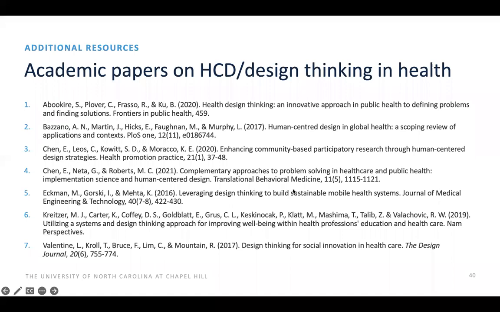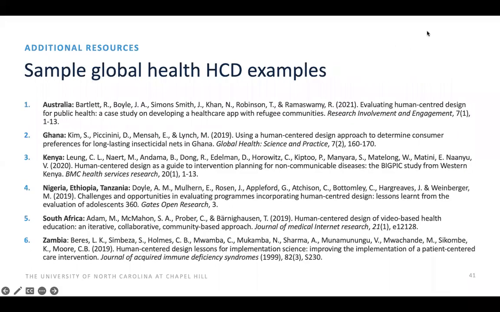So this is human-centered design and design thinking in health generally. And then for those of you who are interested in how researchers in global health have integrated human-centered design into their own work, I've pulled some case studies and then listed the countries for you. So if it's easier for you to organize and find it this way, hoping that that is helpful.